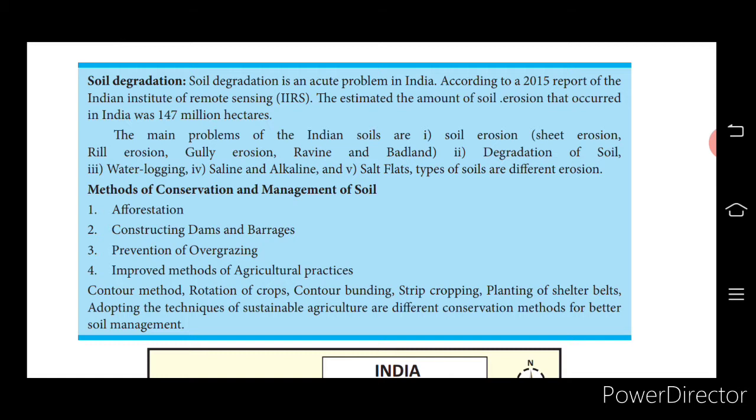According to a 2015 report, the Indian Institute of Remote Sensing, IIRS, estimated the amount of soil erosion that occurred in India was 147 million hectares. Okay, the main problems of Indian soils are, first, soil erosion, that is sheet erosion, rill erosion, gully erosion, ravine, and badland. The second is degradation of soil, the third is waterlogging, and the fourth is saline and alkaline soils and salt flats. Types of soil have different erosion.